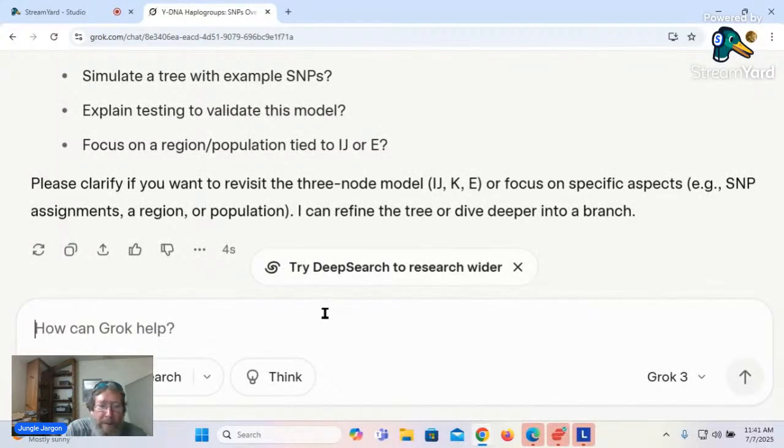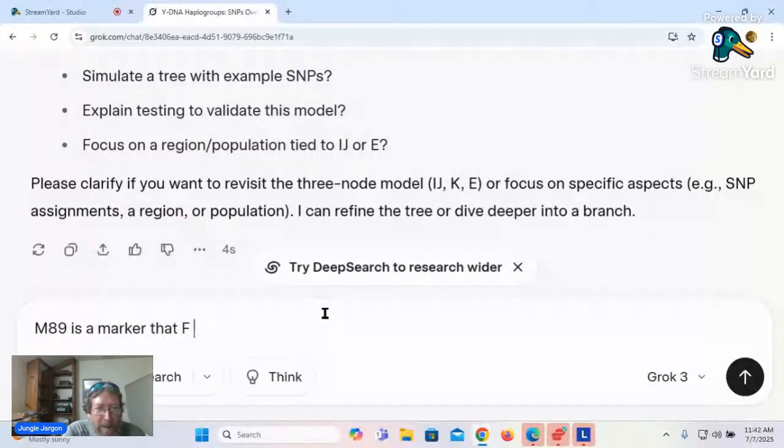Let me explain here that M89 is a marker that F shares with, I'll just say IJ.